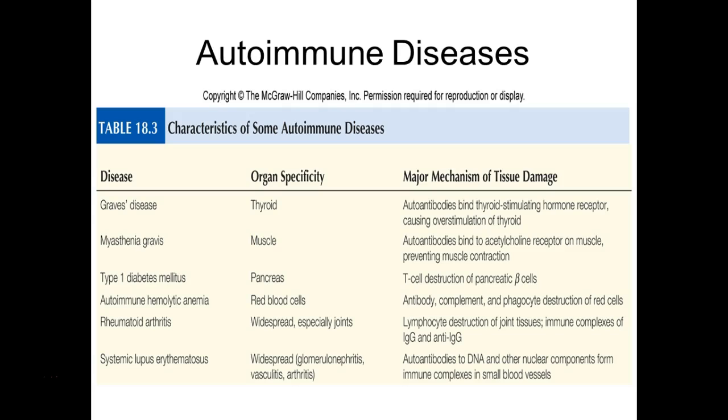In the case of rheumatoid arthritis, this is widespread, but mainly the problem is in the joints. And you have lymphocyte destruction of joint tissues, immune complexes building up in the joints of IgG and anti-IgG. So the belief here is that people are actually producing antibodies against their own antibodies.